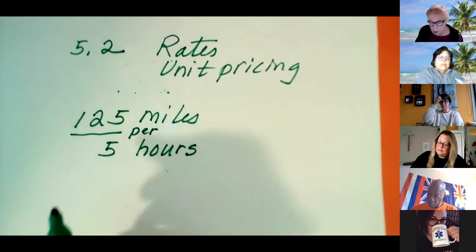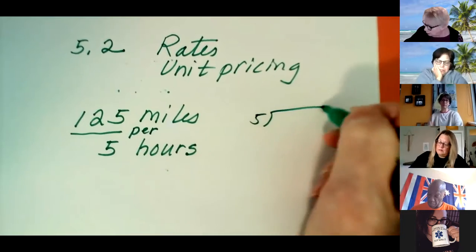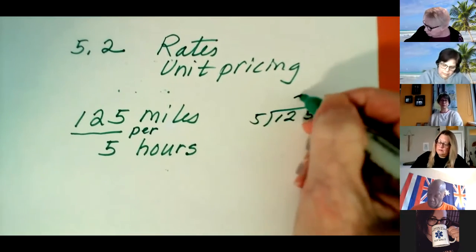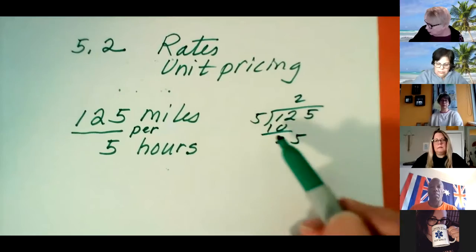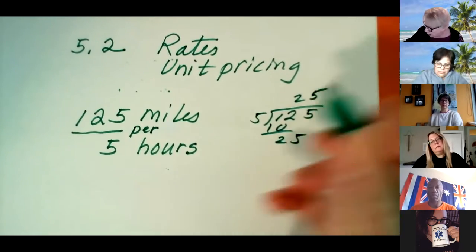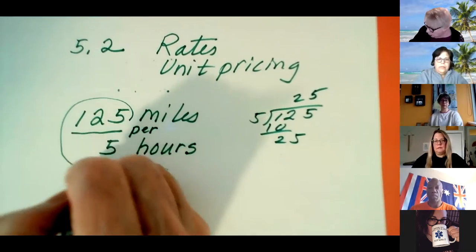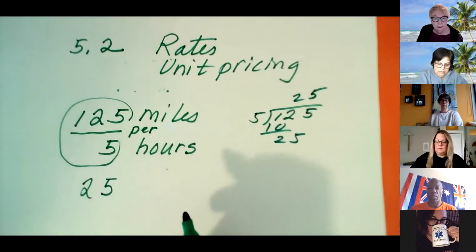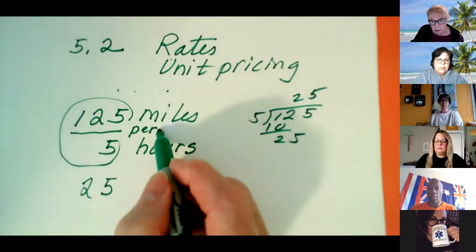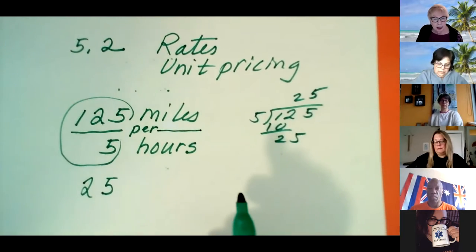And I set up a problem that would divide nicely. 5 into 12, you can do it on the side if you want. But 5 into 12 is 2. And then 5 into 25 is 5. So this part here, the number part is 25. Now, technically, this fraction line kept going.